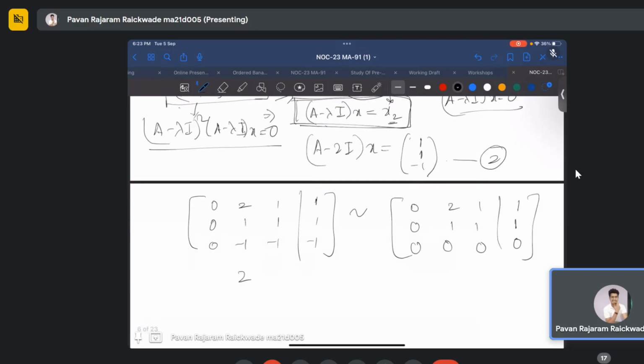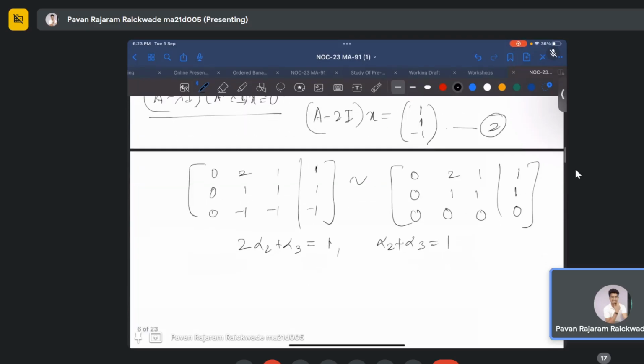There exists a solution with conditions as follows, which implies if I solve these two, I get 2 minus 2 is 0. 3 minus 2 alpha 3 is minus alpha 3, minus 1.